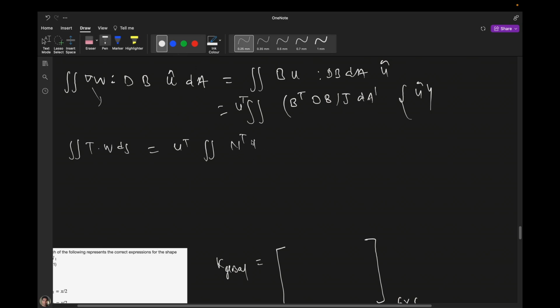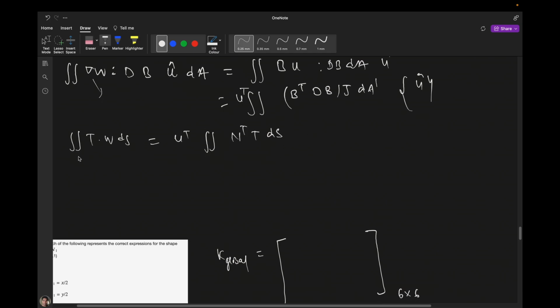N transpose t, and in this case little ds will come because it will be a line integral, so it will be a ds. And what will be that? Body force. So for the body force we can write N transpose dot bi dA.